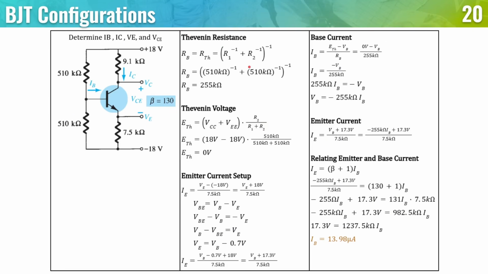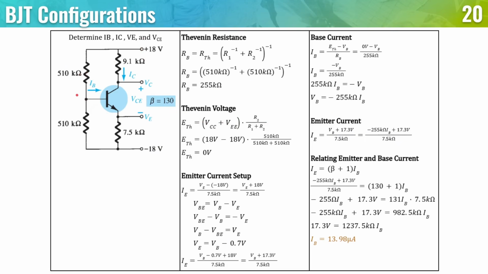So the resistance is still done as normal. We have 510 kilo ohms and 510 kilo ohms. You're going to notice that it's exactly the same. So their equivalent Thevenin resistance is going to be half, at 255 kilo ohms.